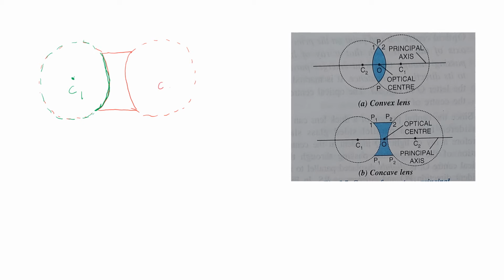So C1 and C2 are the centers of curvature for this concave lens. Okay, am I clear?